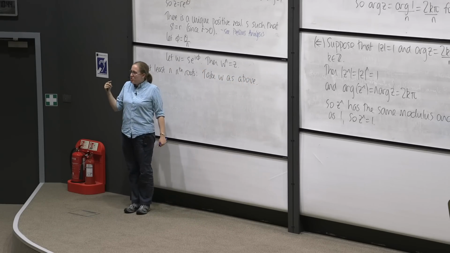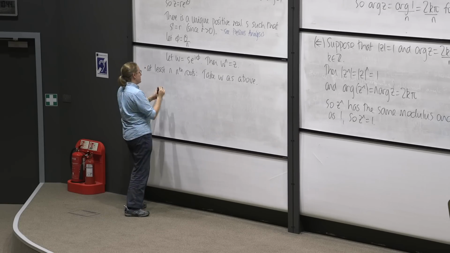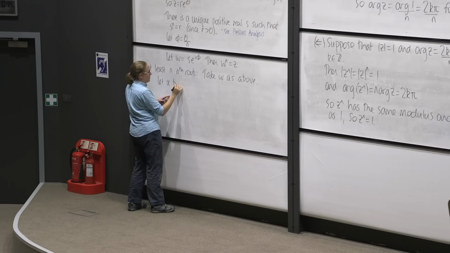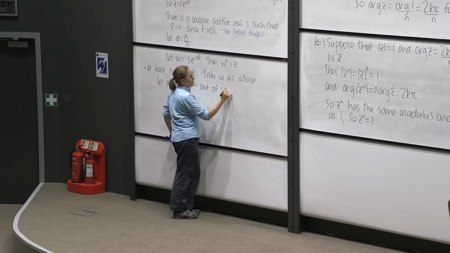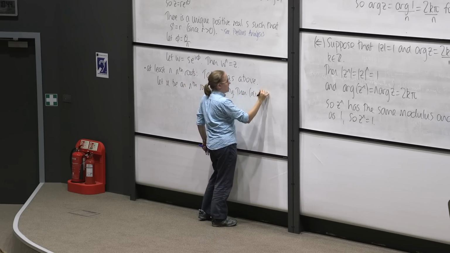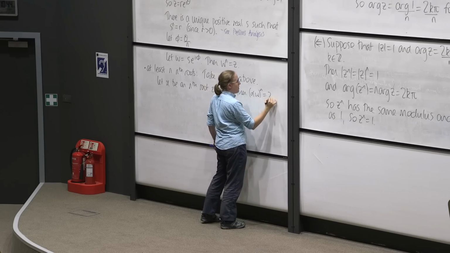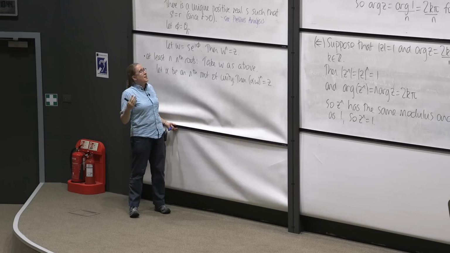I can get a whole bunch more nth roots by multiplying by an nth root of 1. So if I let alpha be an nth root of unity, then you do a quick calculation and you realize that alpha times w to the power n is also equal to z. So alpha w is another root of z.